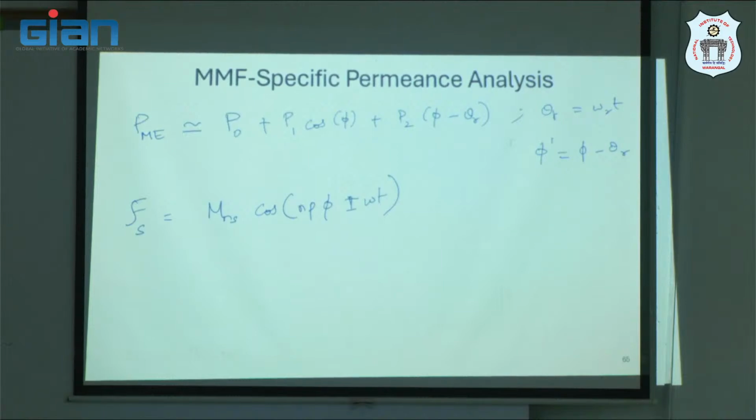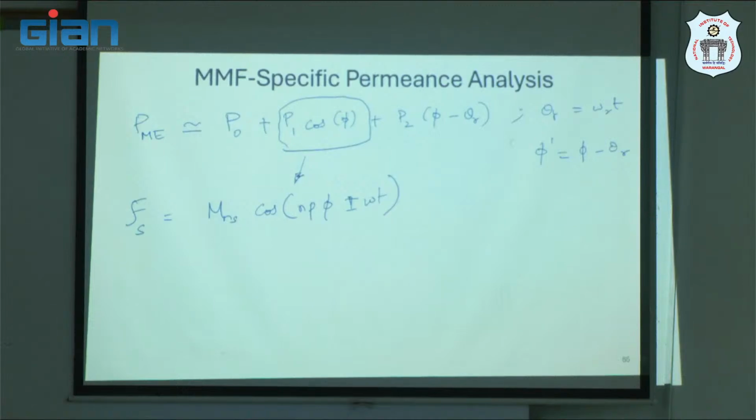So what I am going to do is multiply MMF times permeance. For the sake of time, we won't do the entire multiplication because that will lead to too many terms and too long an activity. As a first step, just consider P1 cos phi, the static eccentricity component of the permeance function, and multiply it with this.